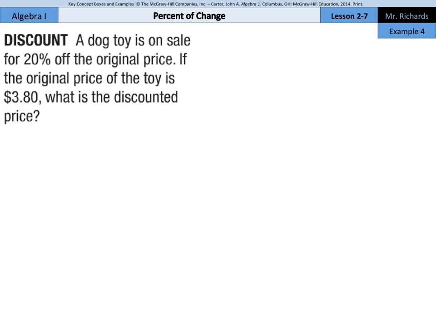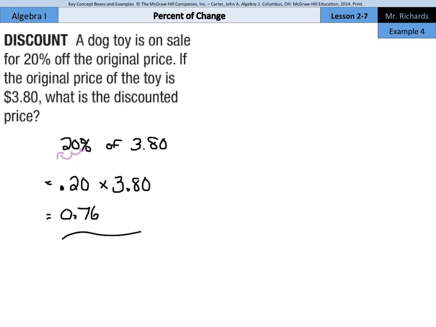I can find 20% of $3.80 by taking 0.20 times our $3.80, and that total is 76 cents. Then, since that's the discounted amount, I can take $3.80 minus this 76 cents to get $3.04.